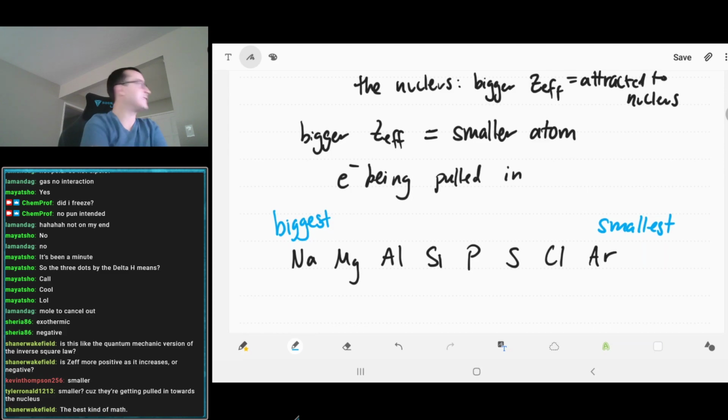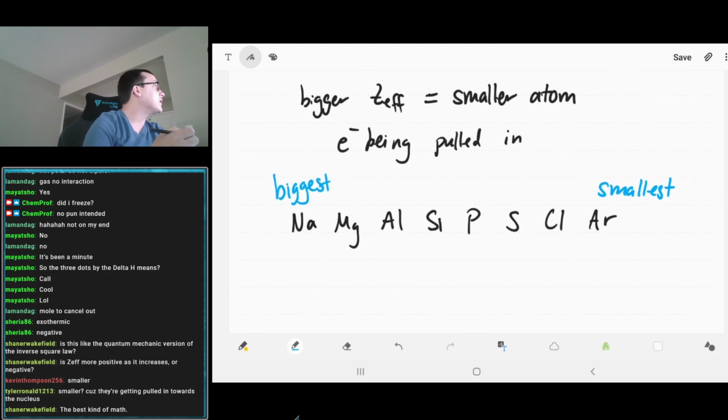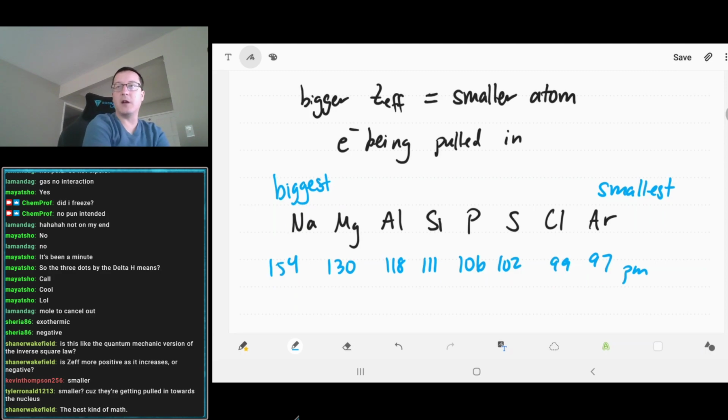And let's see if that's the case. I have them here. So the radius for sodium is 154. These are going to be in picometers. I'm just going to blindly copy. These are all in picometers, but there we go. We can see very clearly the trend here, right?